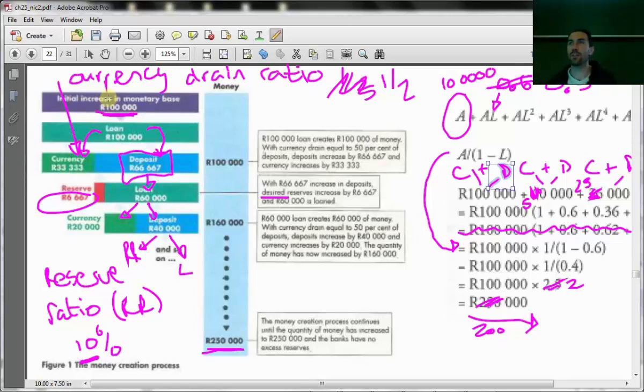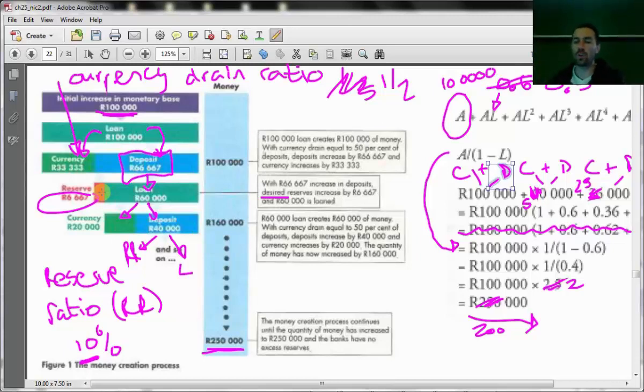You got it? So if the Reserve Bank wants to change the money supply, it can change the money base by a small amount, which changes money supply by a much bigger amount. It can also change the reserve ratio. If it changes the reserve ratio, that changes the money supply, right?